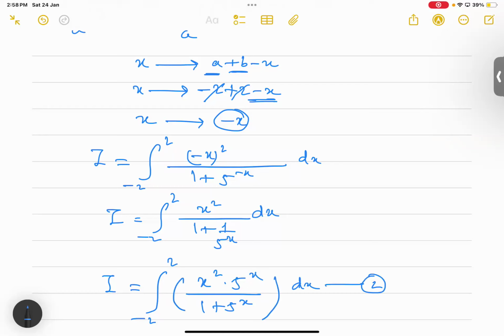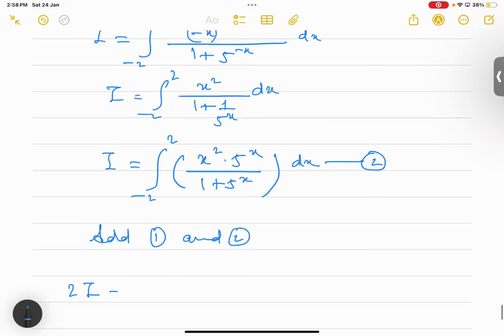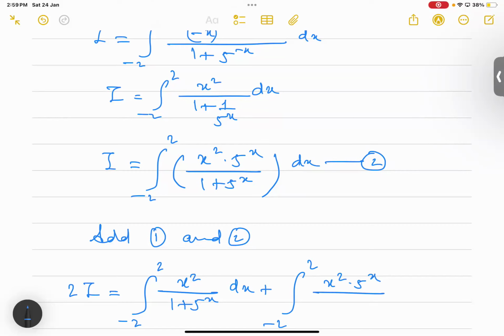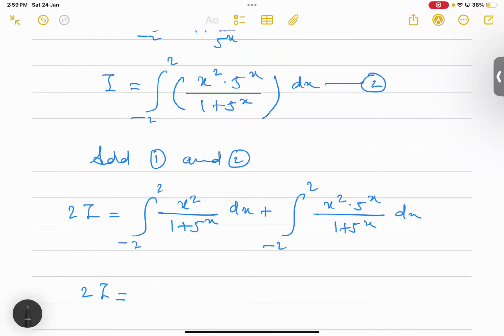So adding 1 and 2, we get 2I equals integral from -2 to 2 of x square upon 1 plus 5 raised to x dx plus integral from -2 to 2 of x square times 5 raised to x upon 1 plus 5 raised to x. I'm going to merge this.